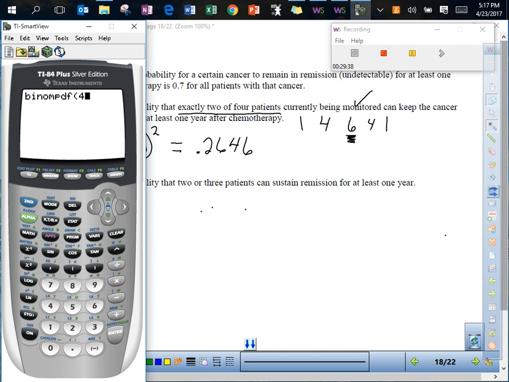Here's what this is asking your calculator to do: that little formula that we just had. I'm dealing with 4 patients, the success rate is 0.7, and we're looking at exactly 2 of them staying in remission. Once you hit enter, your calculator will get you this answer.